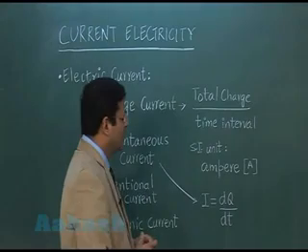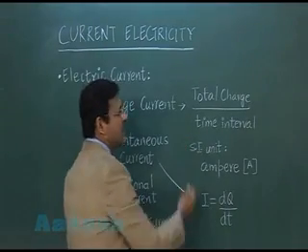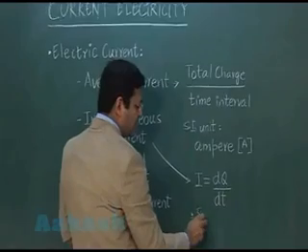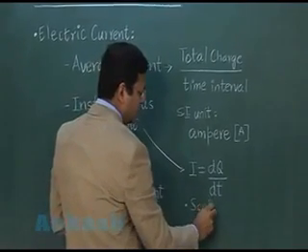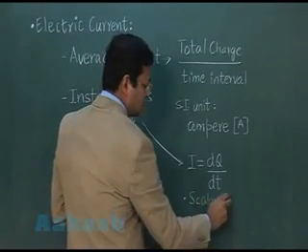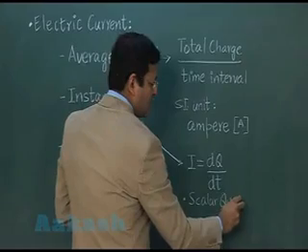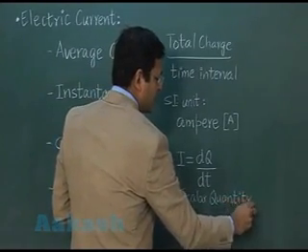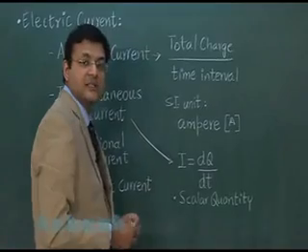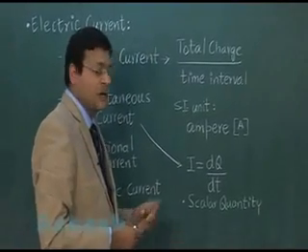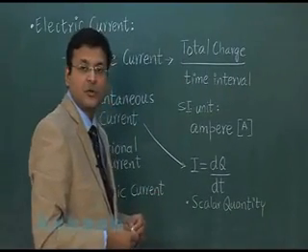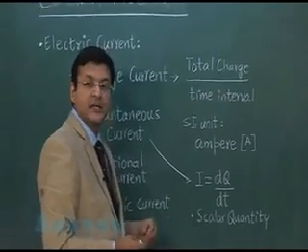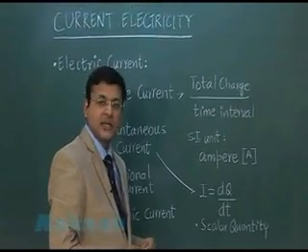Also remember that current is a scalar quantity. Even if a current has a direction, since it does not follow the vector laws of addition, that is why current is treated as scalar quantity.